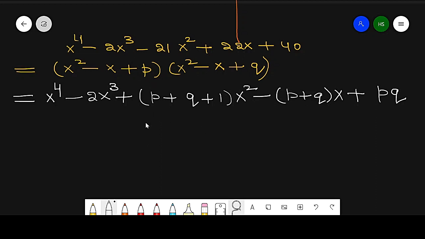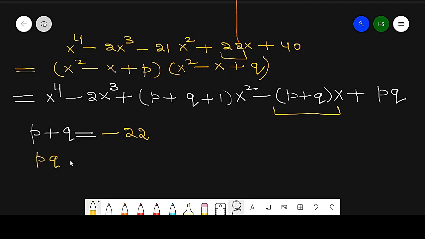Now comparing each other, we get p plus q minus 1, and this is equal to the coefficient of x, minus 22, so this will become minus 22, and product p into q, this will be 40. So very simple.